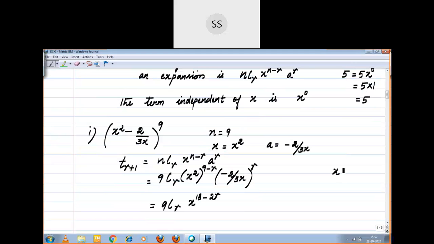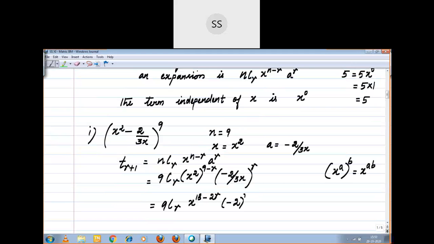Law of exponents: (x^a)^b can be written as x^(a·b). The same thing I applied here, 2 into (9 − r). The 2 is applicable for 9 as well as r, so I have written here 18 − 2r.